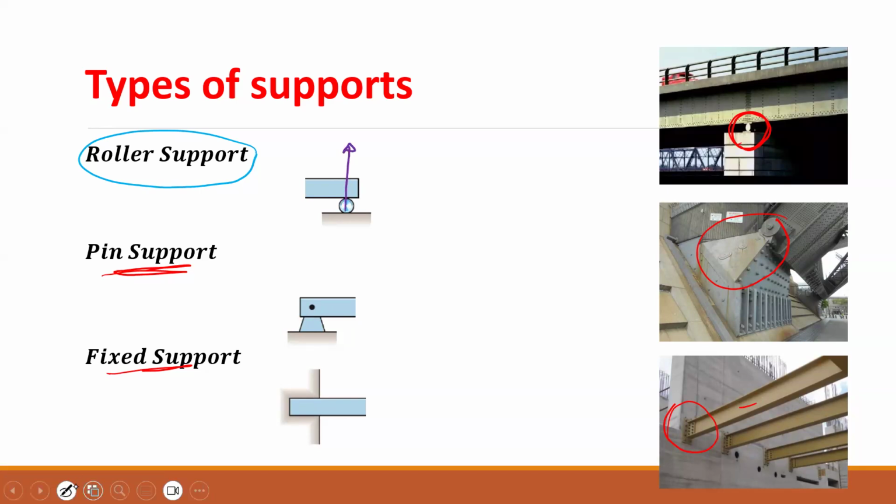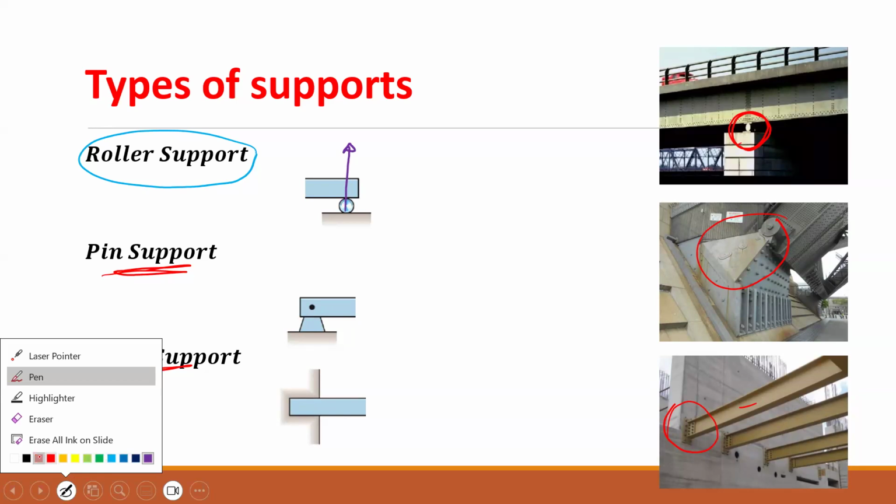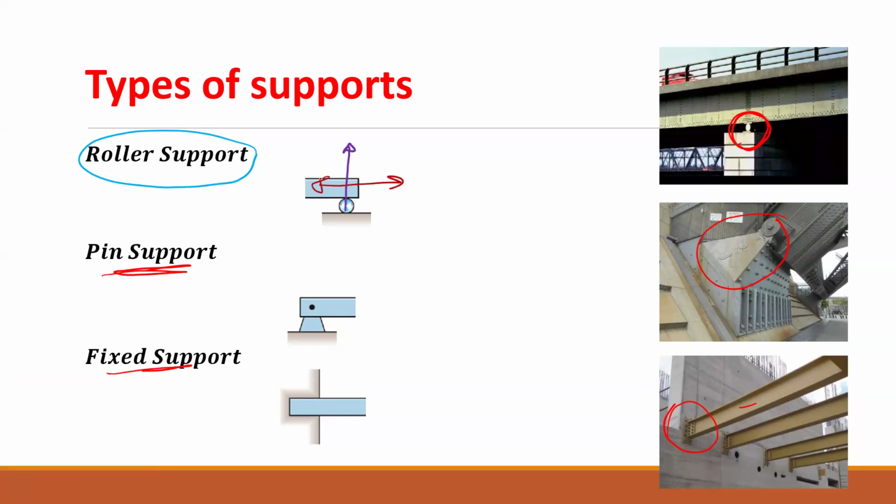It lets the beam or the object move in this direction. It's not resisting the x direction movement. It's only resisting y direction movements, isn't it? And any rotation can happen about the pin. It can roll along the x direction. It only prevents moving in the y direction. Do you agree with me?